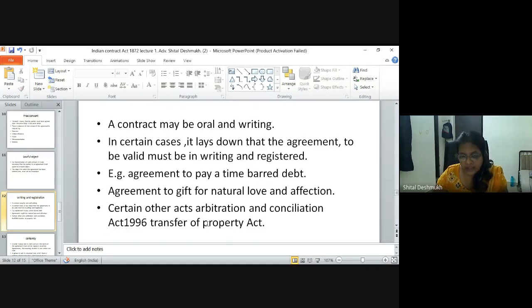The example given is an agreement to gift out of natural love and affection. Because of their natural love and affection for some relatives, some people give gifts, and that should be in writing and registered. Another is an agreement to pay time-barred debts. Debts have a time limit, so for paying them, there must be a written and registered agreement.